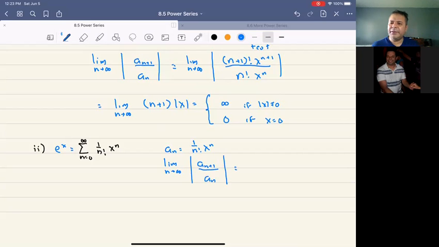Now here, it's sort of the same thing, but this n plus 1 is going to be in the denominator. So it's almost the exact same analysis, but we get the absolute value of x over n plus 1, and I should put limit as n goes to infinity.